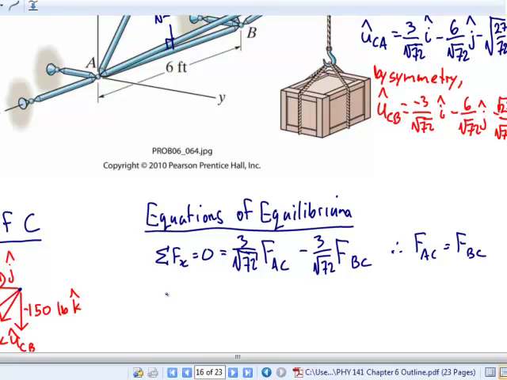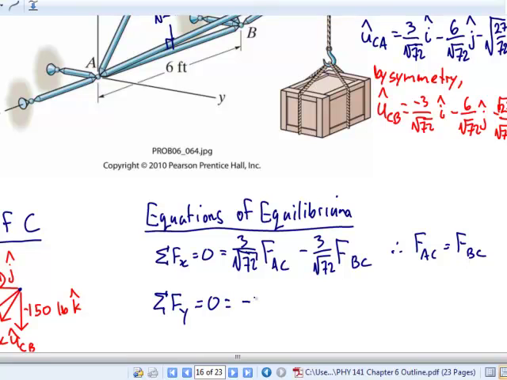All right, now we'll move on to the y direction. So in the y direction, I'm going to have these two components of these two forces, which I'm going to call both of them FAC now, because I know that their magnitudes are the same.